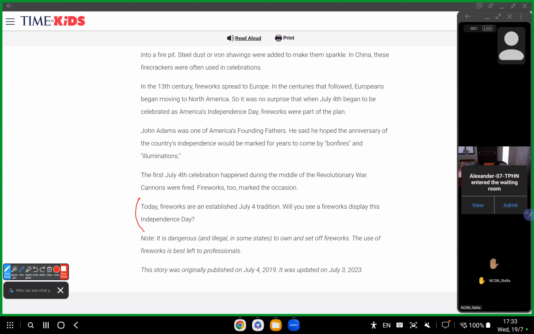Today, fireworks are an established July 4 tradition. Good. Another fact. And they're just asking a question on this end bit. So, will you see a fireworks display this Independence Day? So, not evidence, because they're asking you a question there.